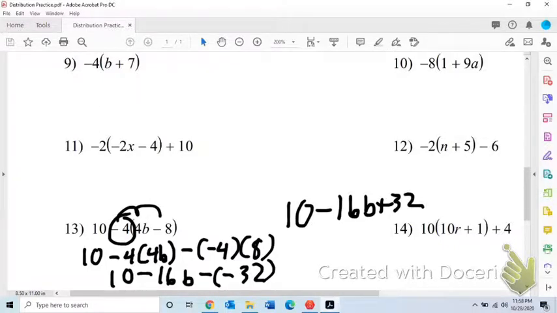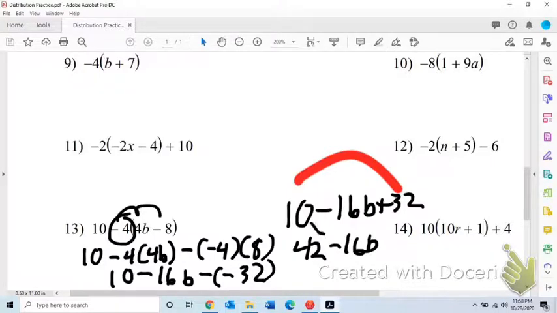Now, the question is, can we combine any of those? And the answer is yes, we can combine these two right here. So that gives us 10 plus 32 is 42 minus 16b. That's because we added the 10 and the 32 together. Notice that there are no other terms with b in them, so there's nothing that we can do regarding that.